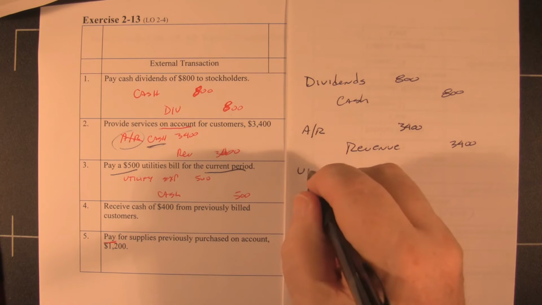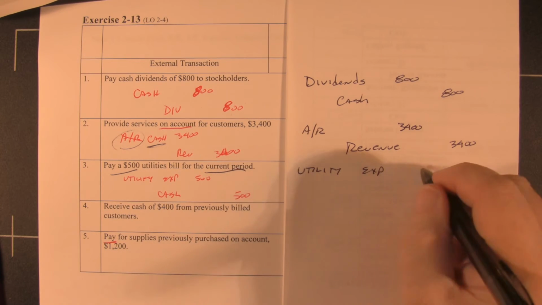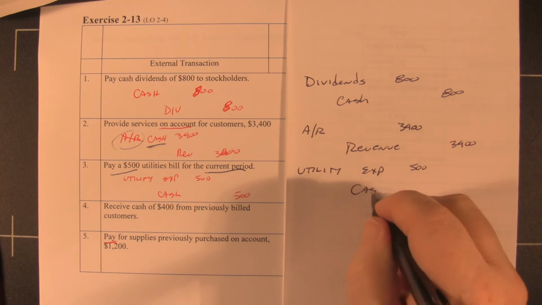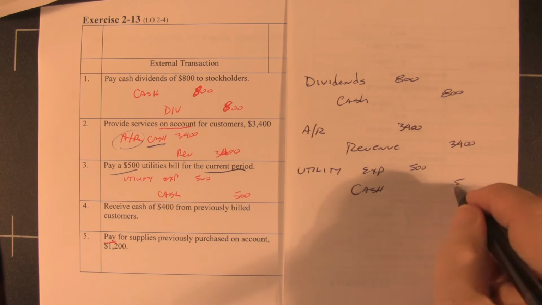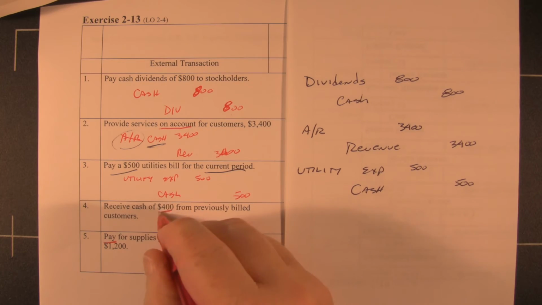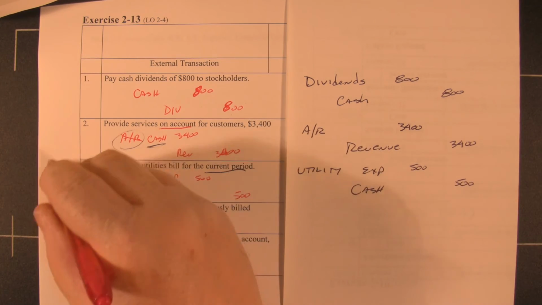So we have utility expense, $500 debit, and we have a credit to cash, $500. Now we received $400 from this transaction up here.